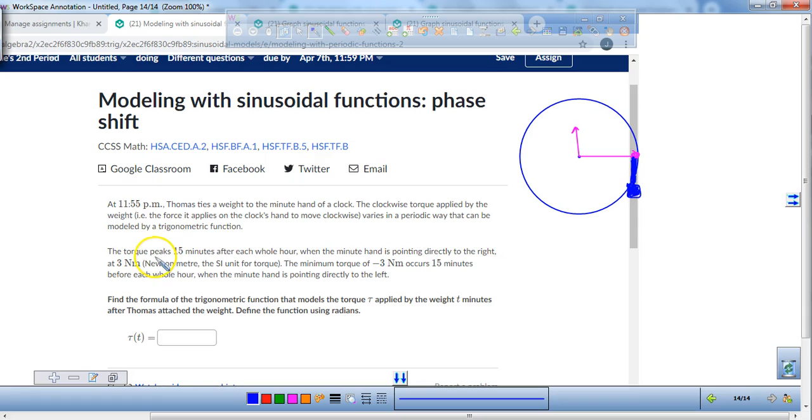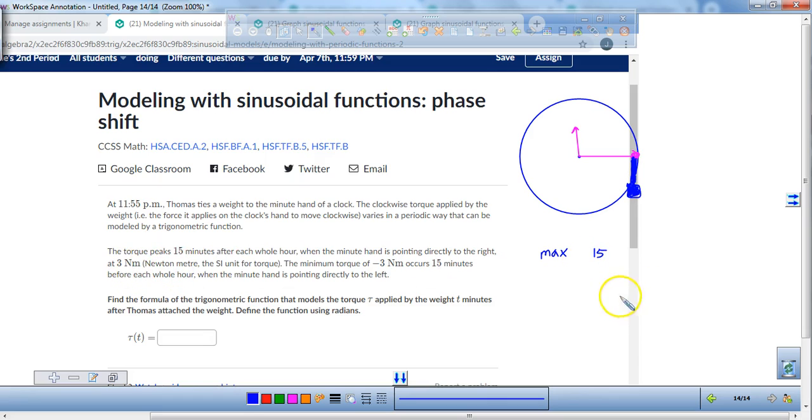So it says the torque peaks 15 minutes after each whole hour, when the minute hand is pointing directly to the right, so right here. This is the maximum, at 3 Newton meters.